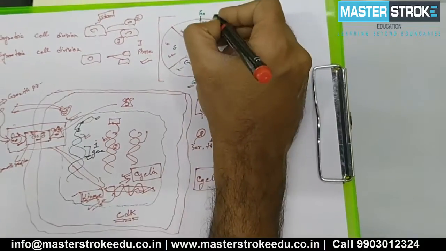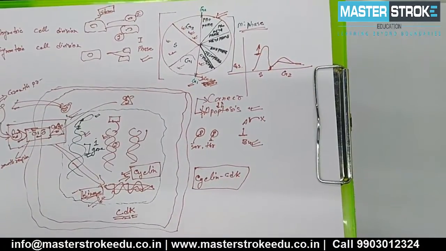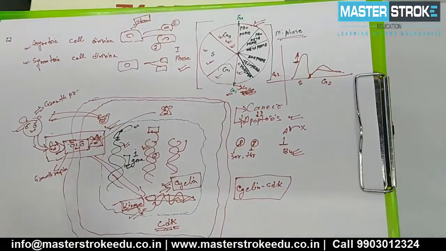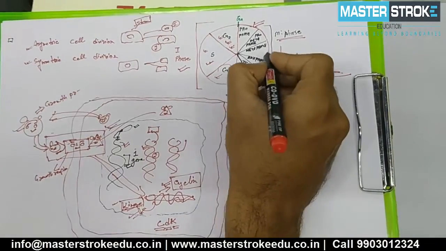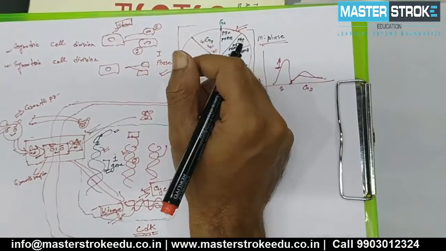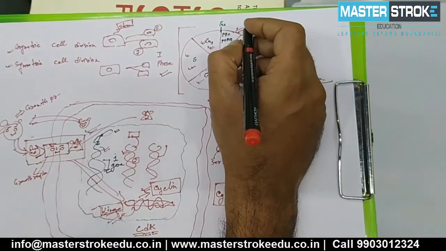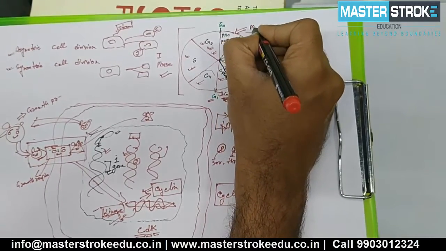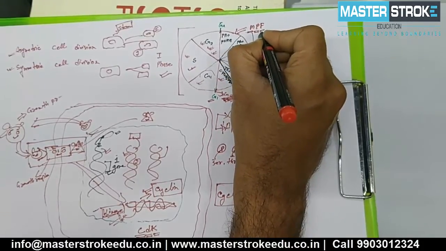Cyclin came from the cyclic process, because in the different stages its amount rises and falls. Now, the first cyclin discovered was not G1S or G2 cyclin. The first cyclin was discovered in the M phase, and at that time no one understood that it was a cyclin. They said this factor is responsible for the M phase, and it was known as the MPF, mitosis promoting factor.